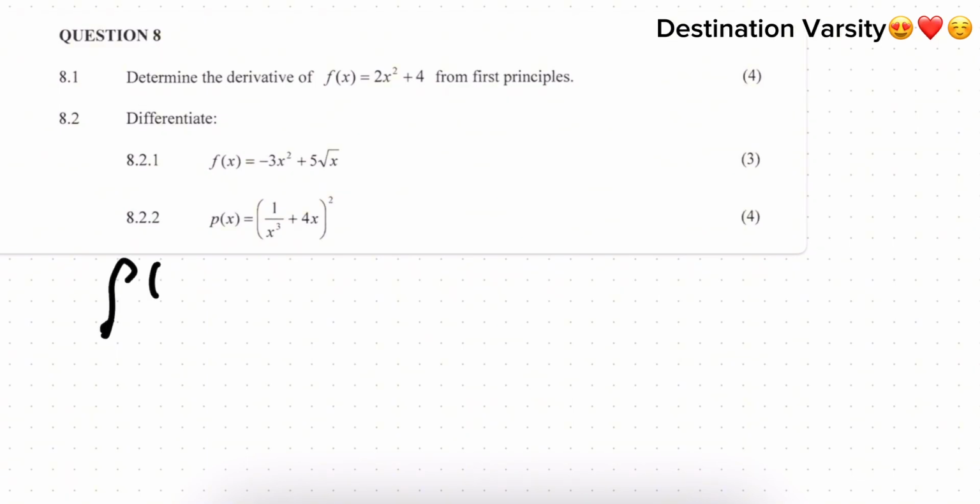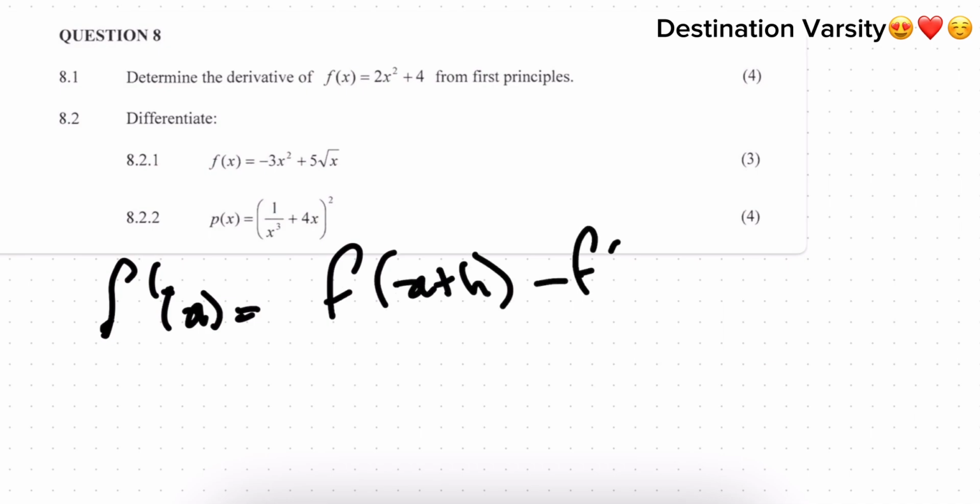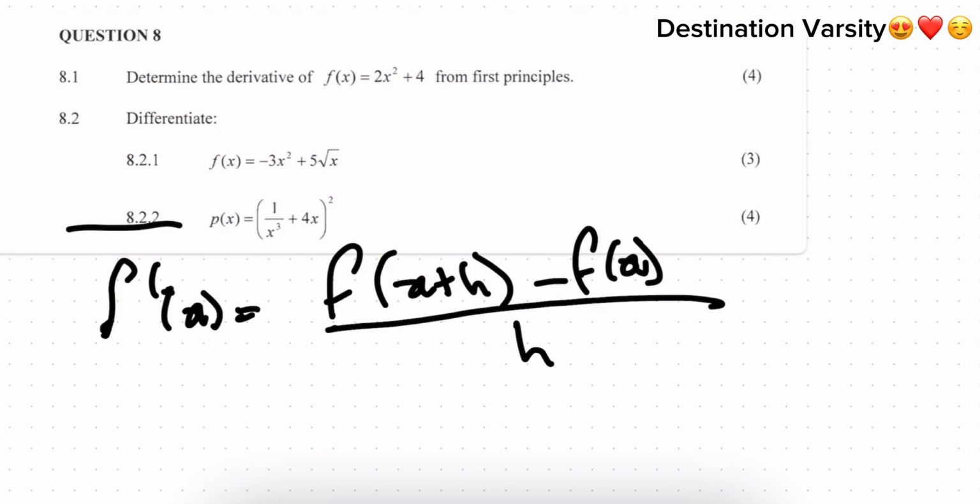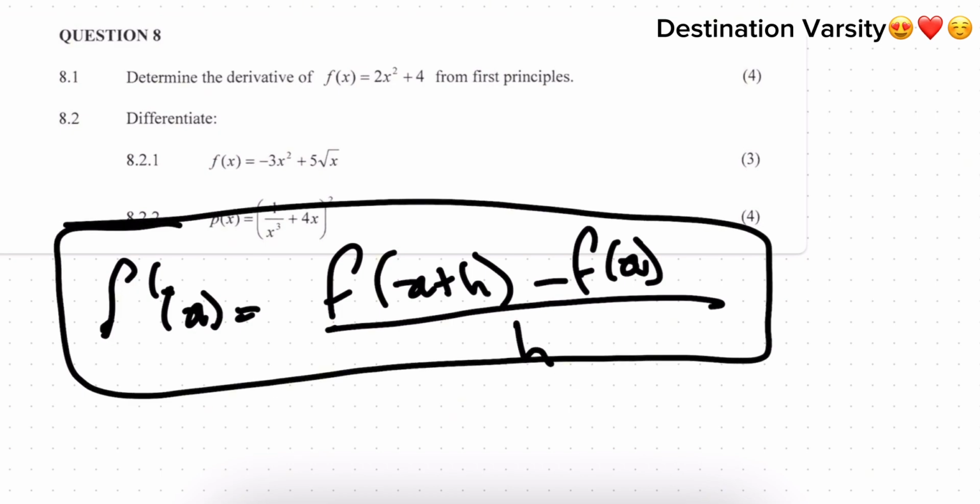It's easy. So f of x, it says from first principles, f prime of x is equal to f of x plus h minus f of x all over h. That's your generic formula for first principles. What does that mean? It's very simple. And then you say your limit as h approaches 0, you know what I'm saying?